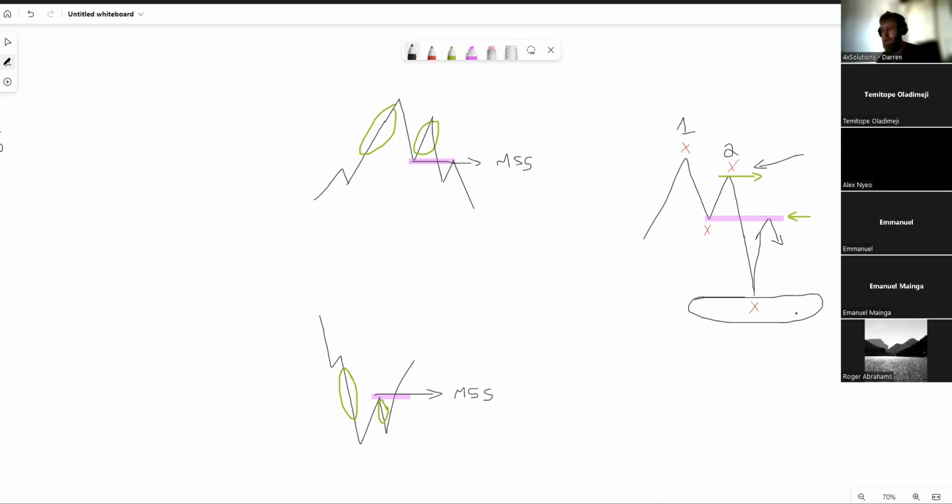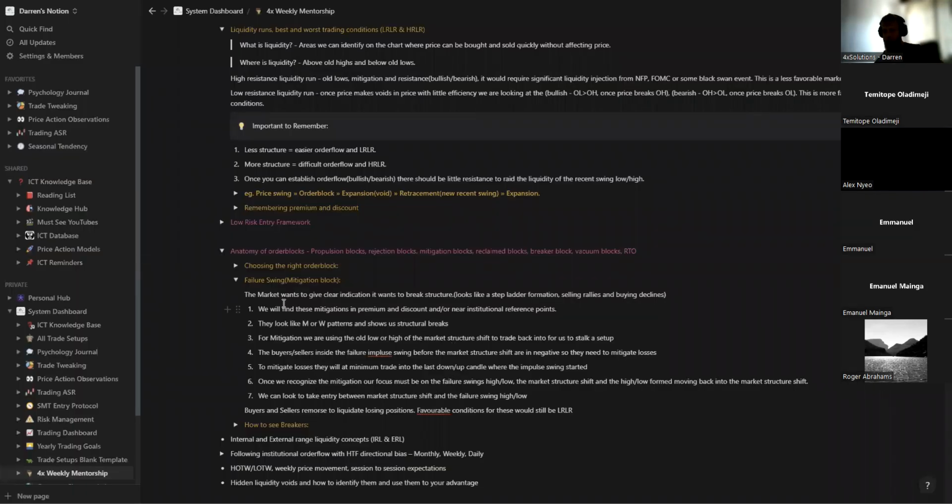You can see what the market's doing, okay? Because it could continuously make these low resistance liquidity runs, and then every time over here it's basically breaking over here. These are mitigation zones based on either lower time frame or higher time frame, depending on what it is that you like to see.